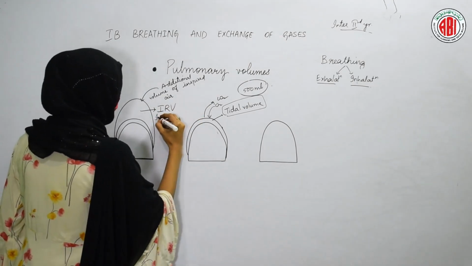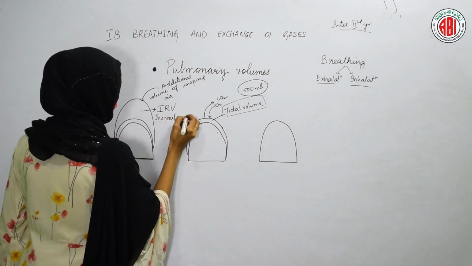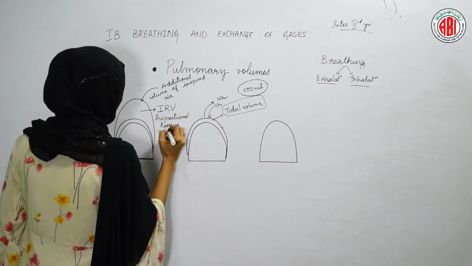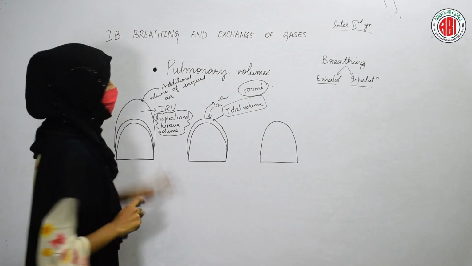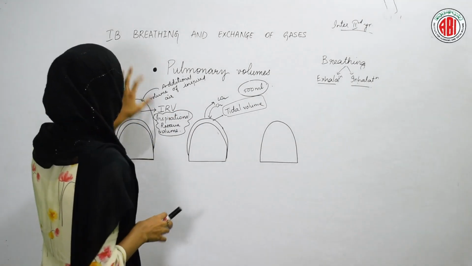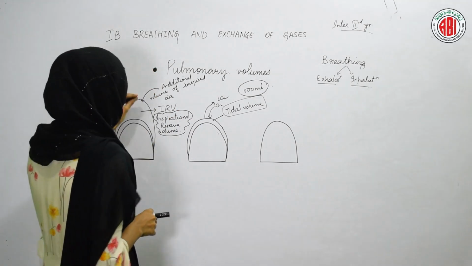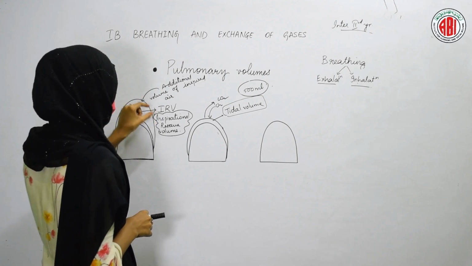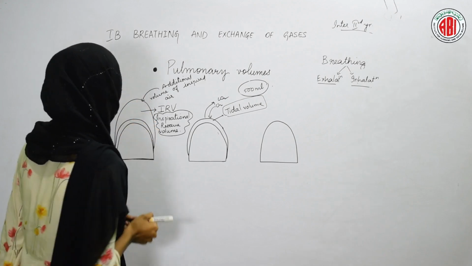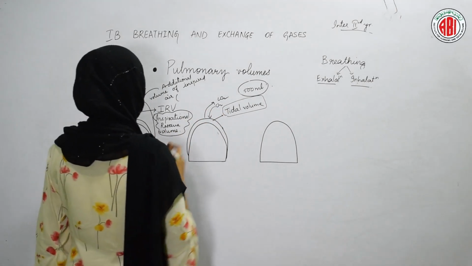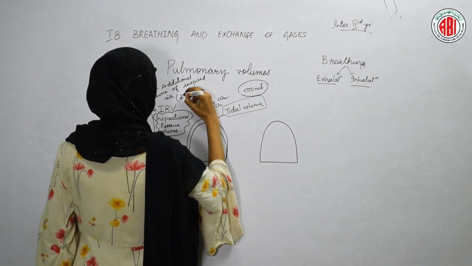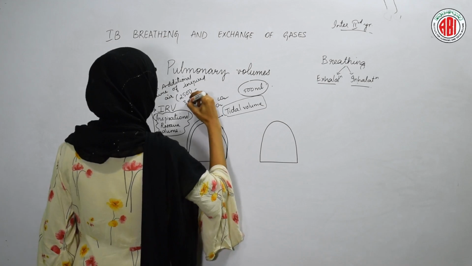Here IRV stands for Inspiratory Reserve Volume, right? So tidal volume is a normal inspiration volume, and the additional volume of inspired air is termed Inspiratory Reserve Volume. It is given as 2500 to 3000 ml.